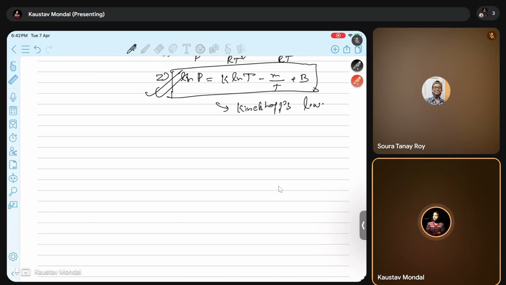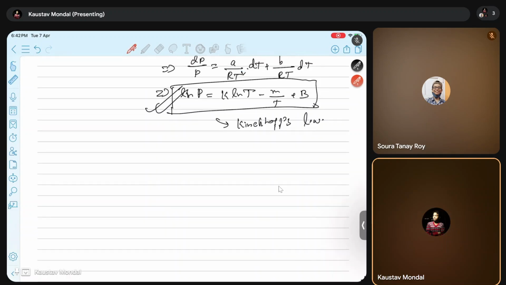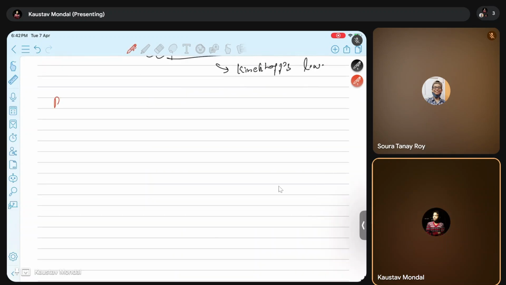I will discuss the phase diagram, like phase transition. We basically categorize phase transitions into two types: type 1 phase transition and type 2 phase transition. First we'll discuss the type 1 phase transition.